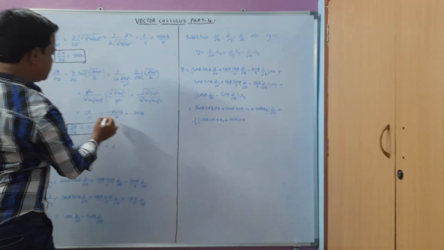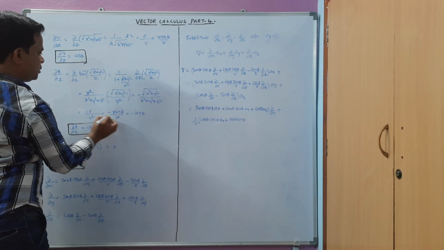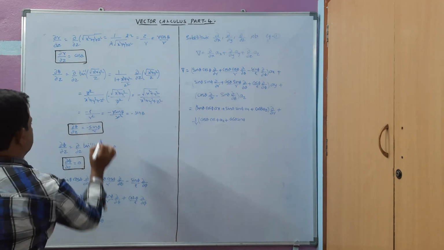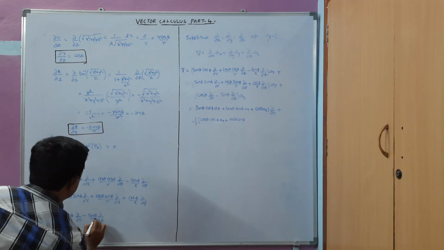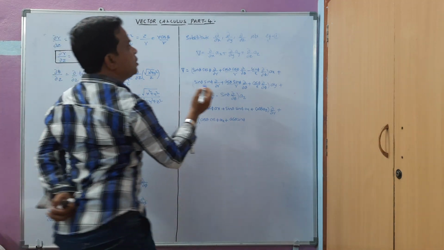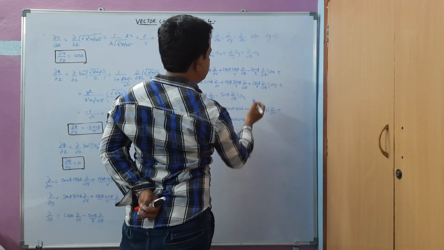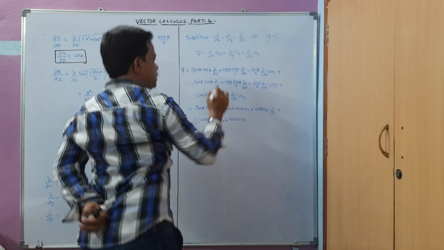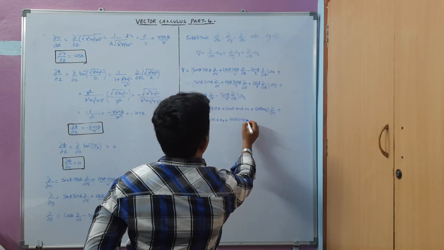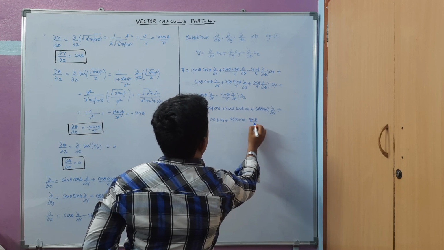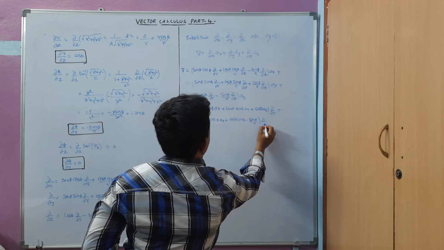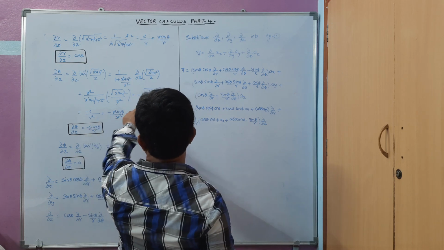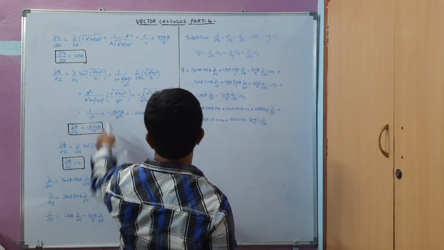Actually this is 1 by r square, sorry, I forgot to write r square here. So this will be equivalent to sin theta by r. A small error here, yes, sin theta by r. Now I get here minus sin theta by r into dou by dou theta. Now it is correct, I think, because this value will be equivalent to r square.